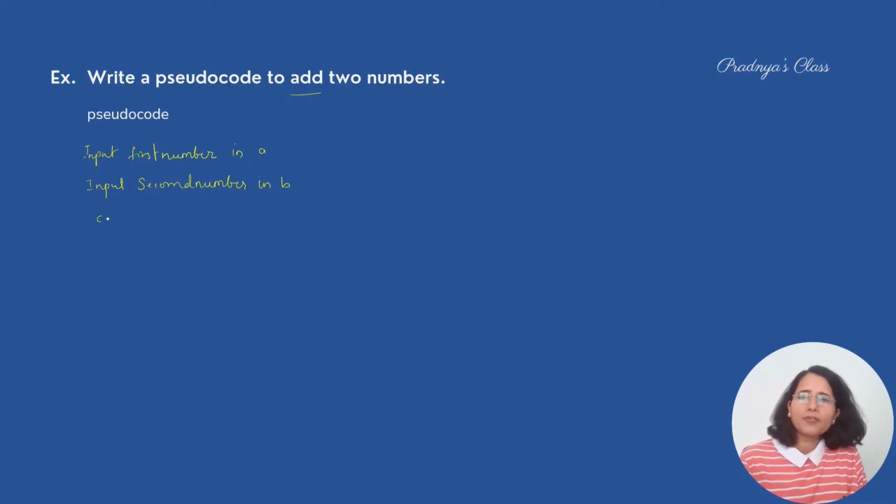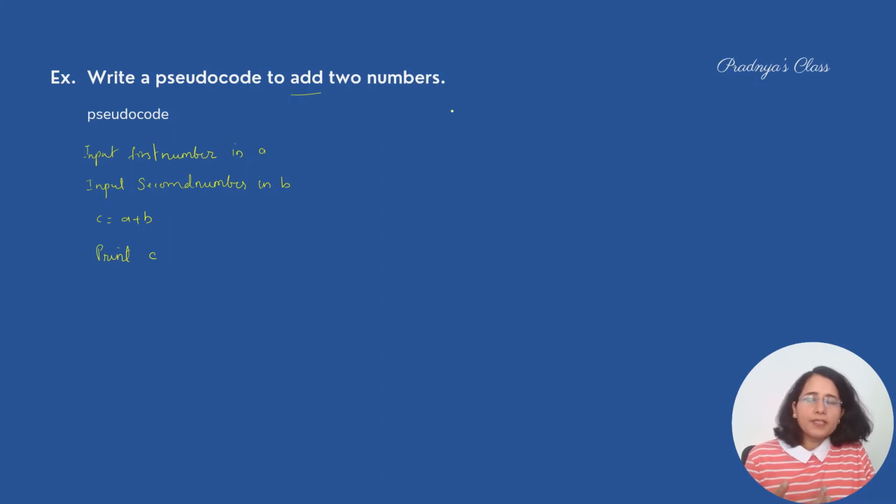So directly I can write this statement, C is equal to A plus B. Now after adding we have to print the output. So I can write print the result in C, or we can use the display command also. I will use simple print C. So this is the way you can write the pseudocode. It's very simple. There are no rules to write the pseudocode. It's an informal way of writing the solution for any problem.